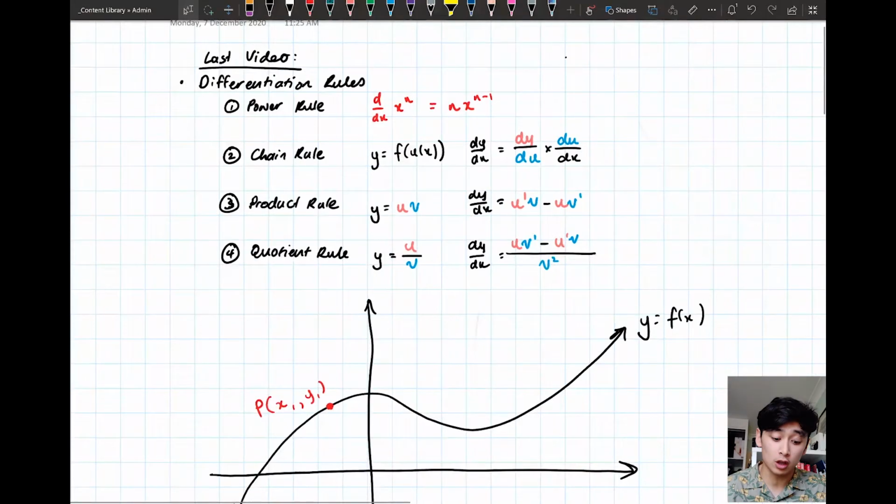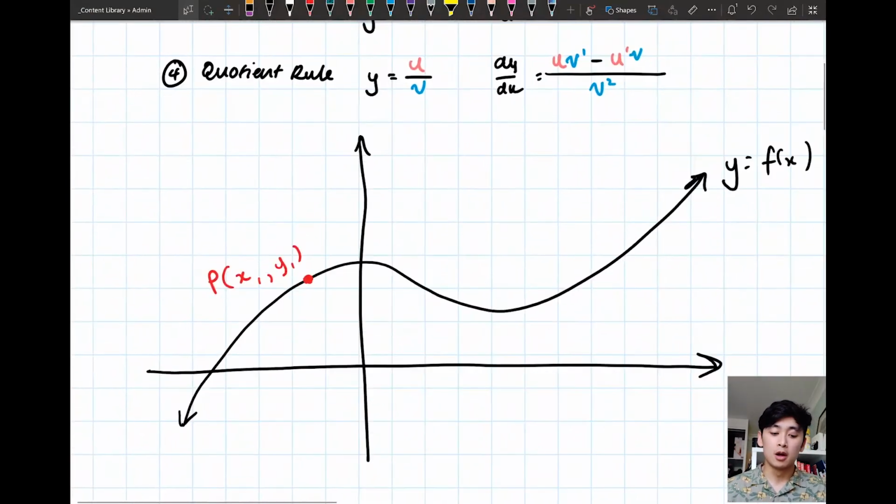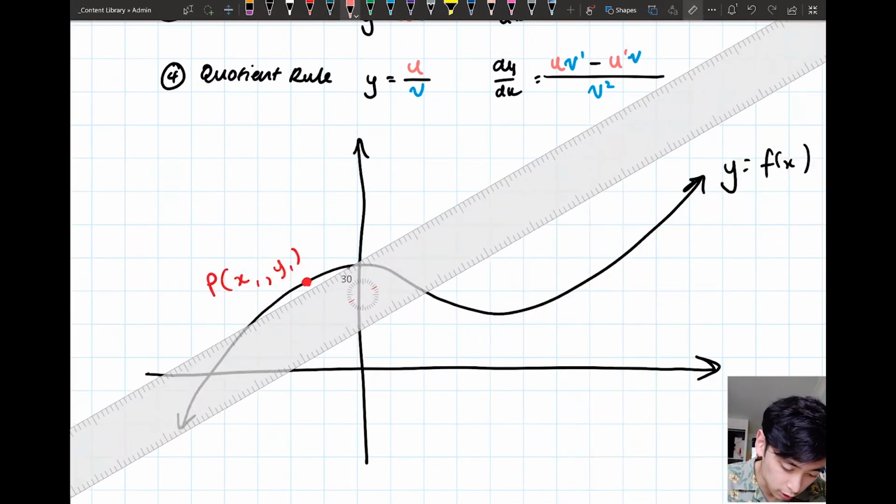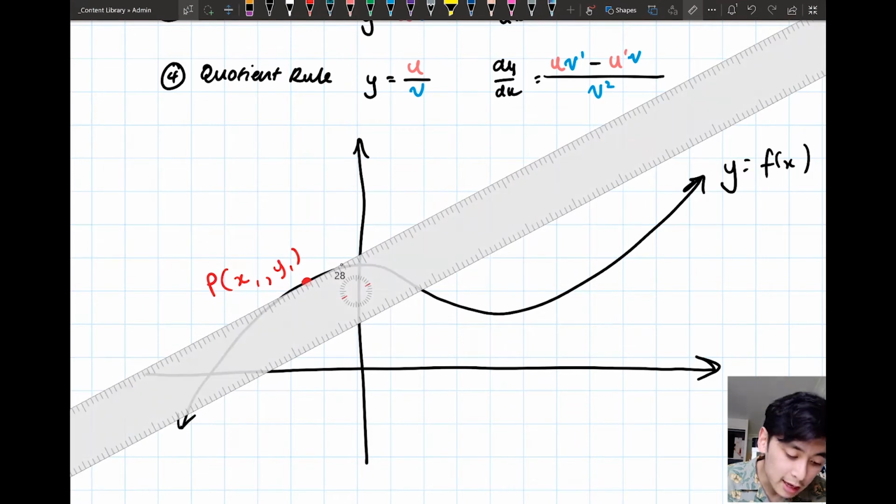Just to help us visualize this, what we were looking at so far is differentiating a whole bunch of different functions, and we substituted the x values in to get the gradient of the tangent. The tangent is the line that touches that particular point on my function.